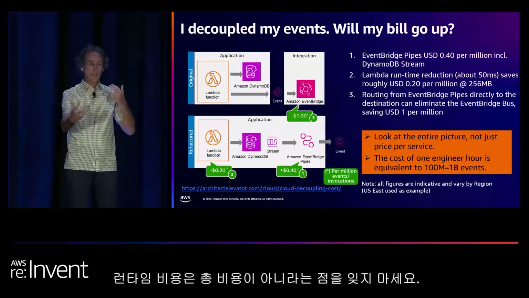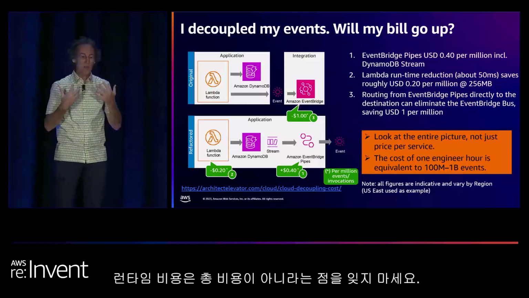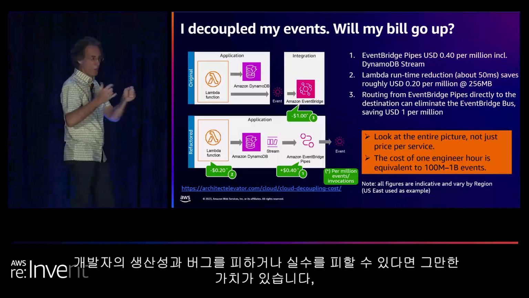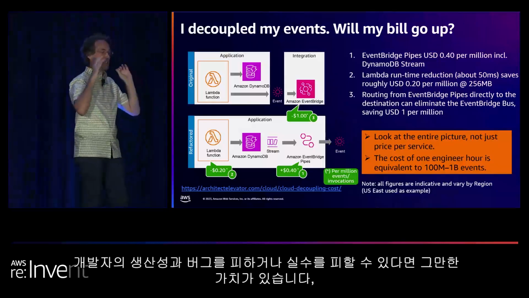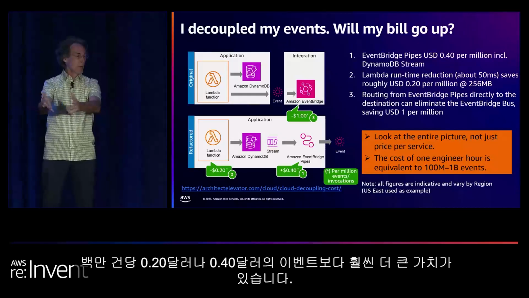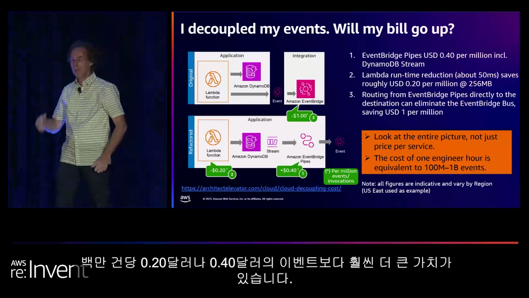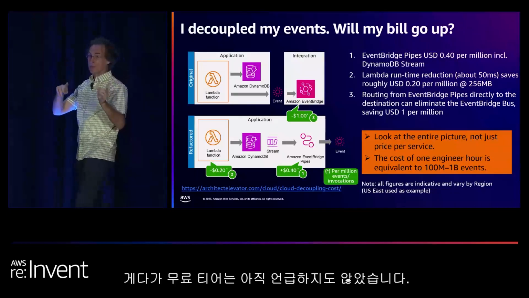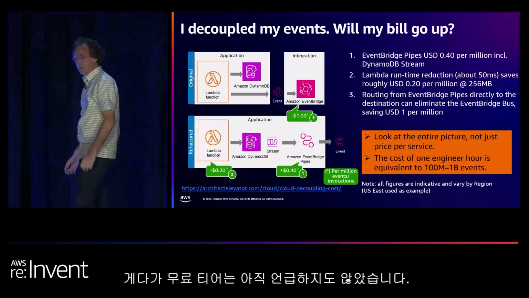So never forget, the runtime cost is not your total cost. Developer productivity and maybe avoiding a bug or avoiding a mistake is worth much, much more money than the 20 cents or the 40 cents per million events we're talking about here. And we haven't even mentioned the free tier that helps you on top of that.